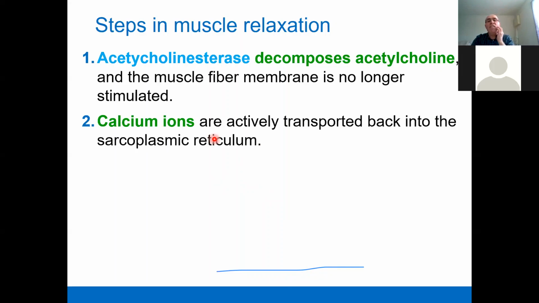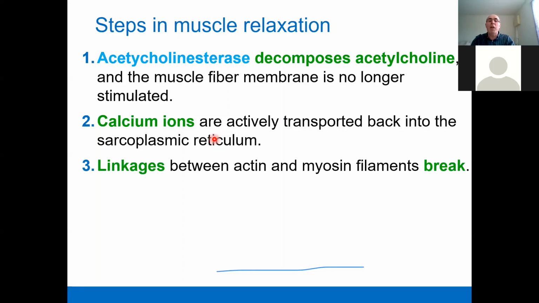Calcium ions are actively transported back into the sarcoplasmic reticulum once acetylcholinesterase breaks down acetylcholine and the action potential is stopped, okay? The linkage between actin and myosin filaments breaks after calcium goes back into the sarcoplasmic reticulum, because calcium in the cytoplasm binds to the troponin and moves the troponin from the actin filaments, which exposes the myosin.